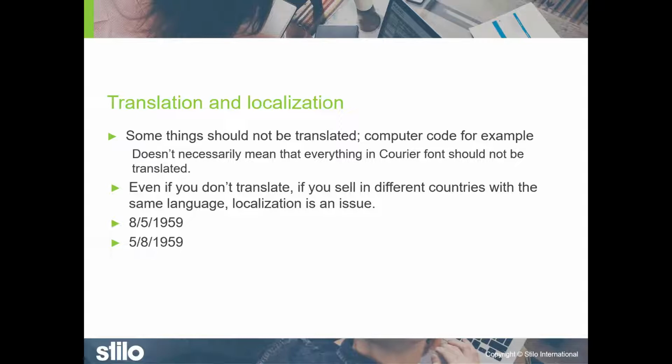I'm 63, just to save you the math. I was born in the UK, so this first date is how my birth date would have been rendered there. It's the 8th day of the 5th month of 1959. In the US, it would be the other way around. The month would be first, then the day, then the year.